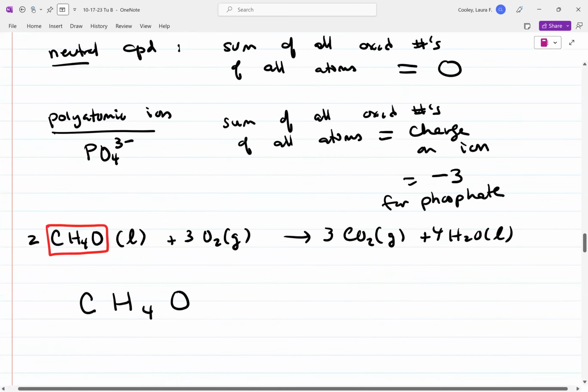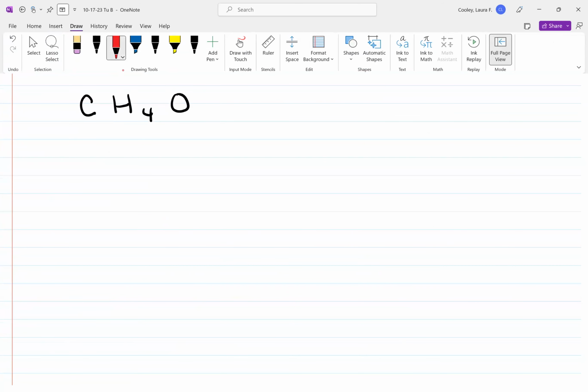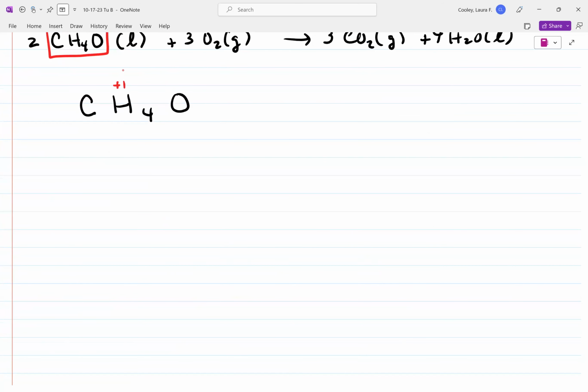So for this hydrogen, notice I'm going to write +1, not +4, because that oxidation number is for one hydrogen atom. What's the number I assign to oxygen here? -2. And carbon is the one I don't know.